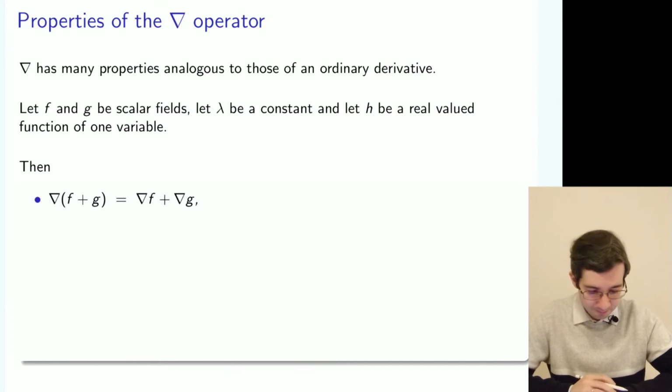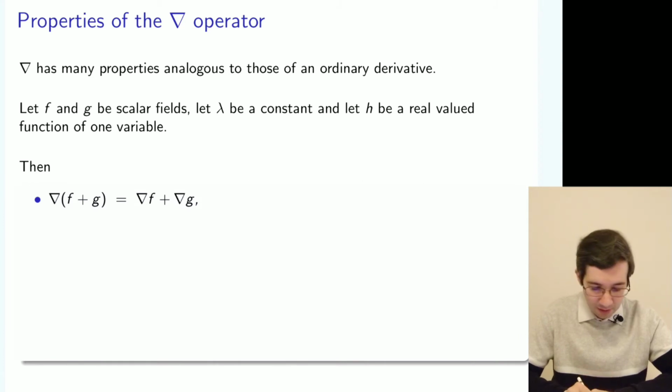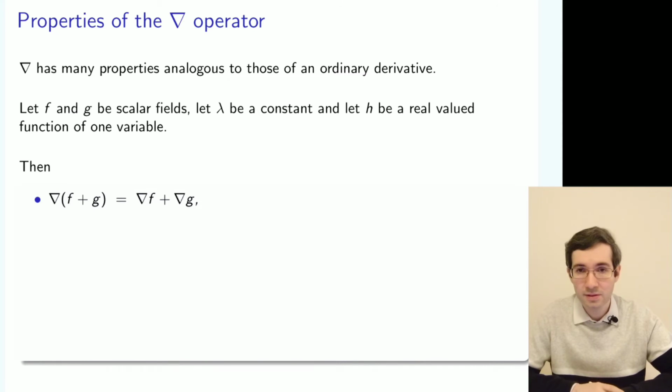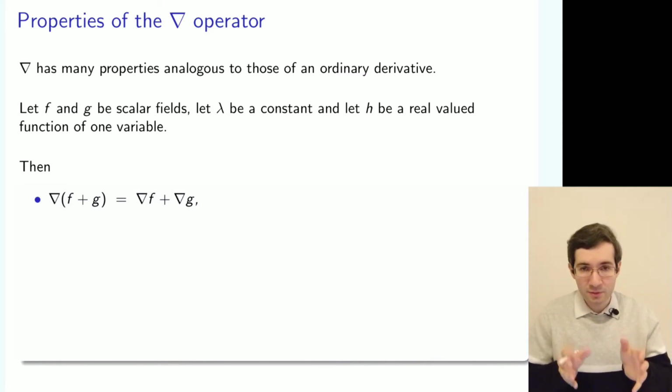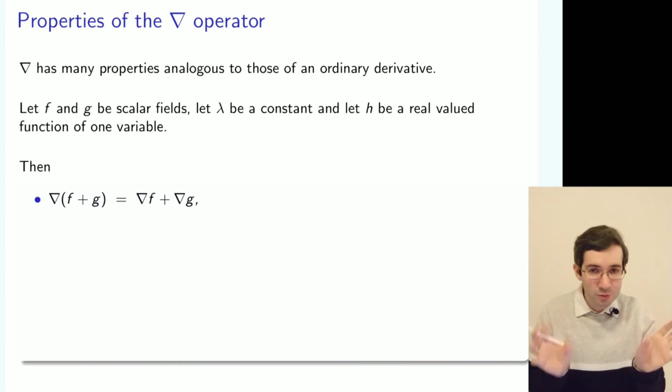So these are the properties. If you take this operator and apply it to the sum of 2 scalar fields, so you kind of take a gradient of a sum of 2 scalar fields, it's the same as to take a sum of the gradients. So you take a gradient of a sum of scalar fields and you get a sum of 2 vector fields.